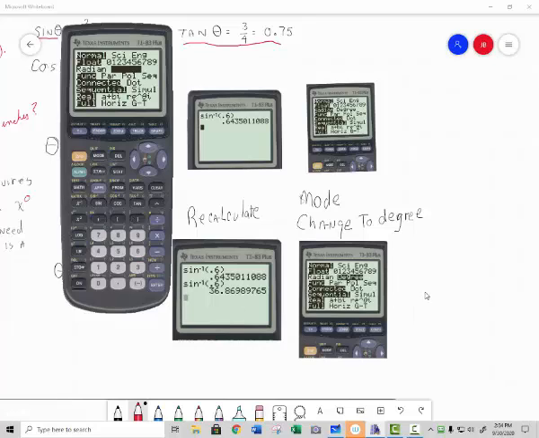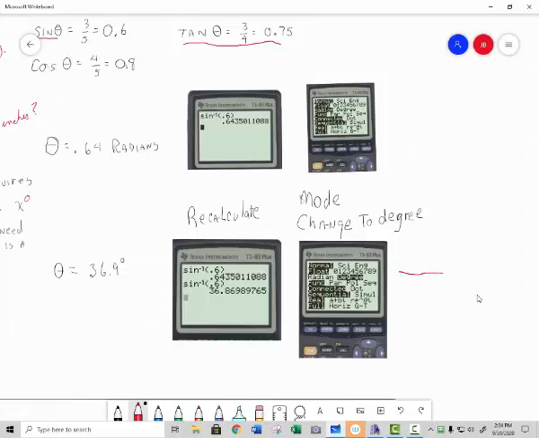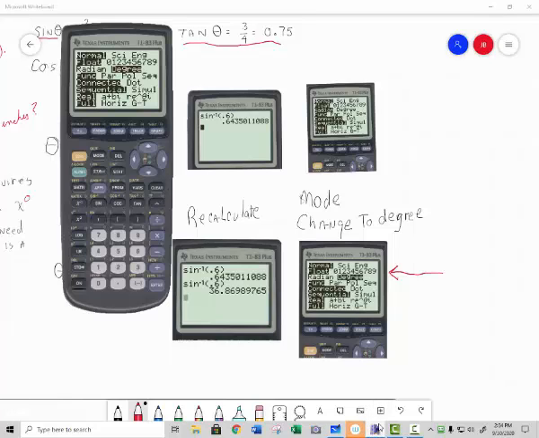Here's where I chose mode. Come down to the third and choose degrees. That's what I want to do. Okay? So now let's go back and recalculate that. Alright, we'll do second, quit, and I want to do sine of 3 divided by 5.